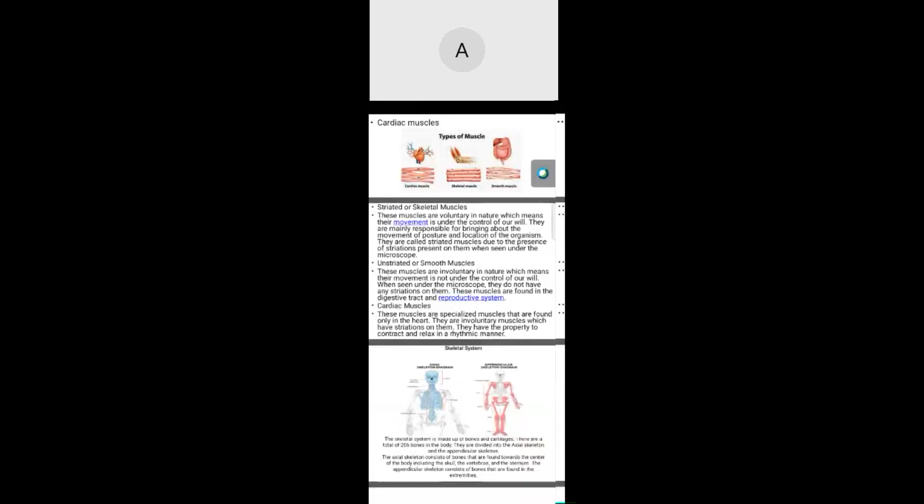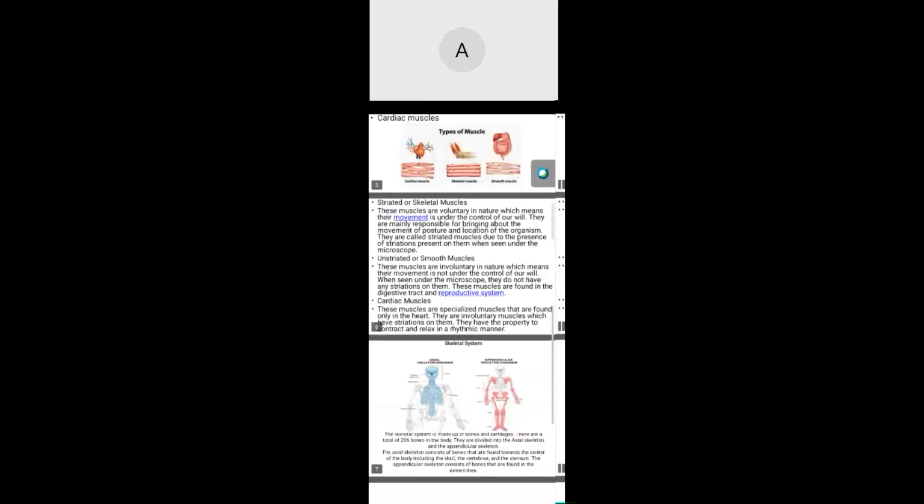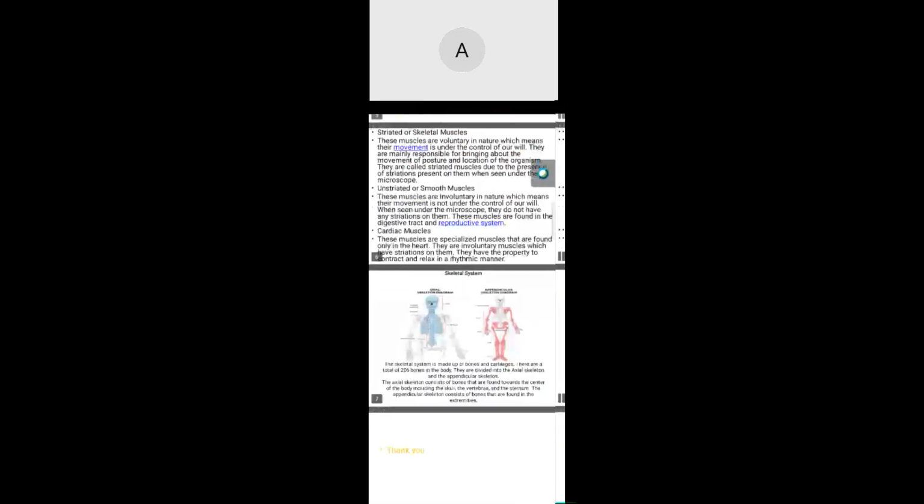The axial skeleton consists of bones that are found toward the center of the body, including the skull, the vertebrae, and the sternum. The appendicular skeleton consists of bones that are found in the extremities.